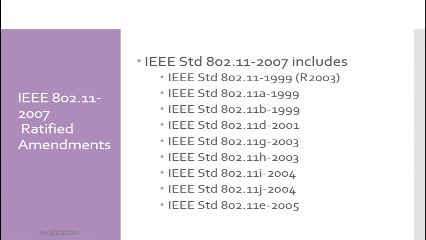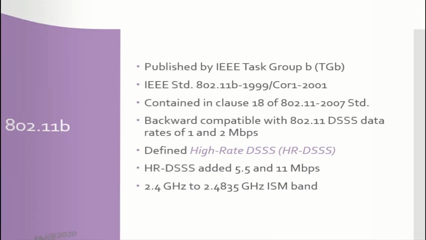So these are the IEEE 802.11 2007 ratified amendments. Look at the back for each standard. You can see here A, B, D, G, H, I, J, E. Start with 802.11b, published in 1999.